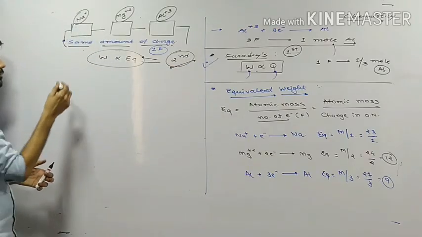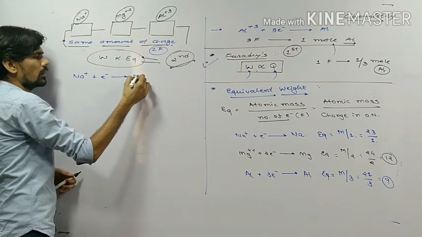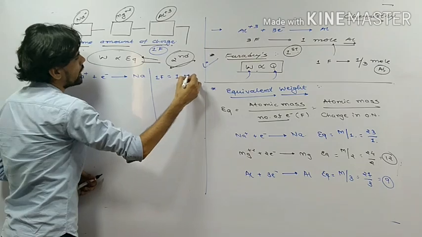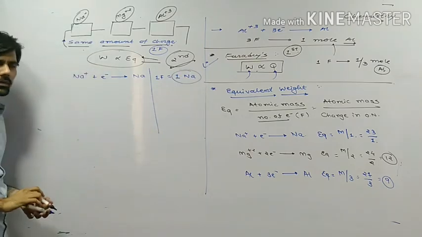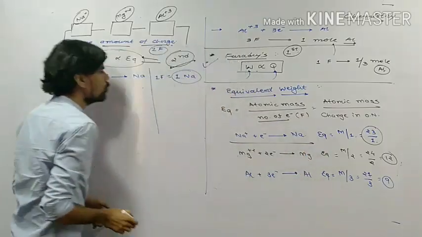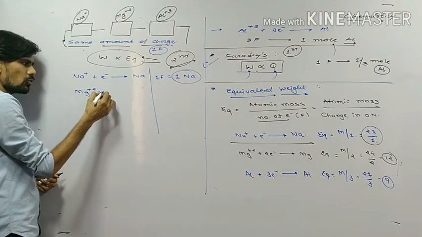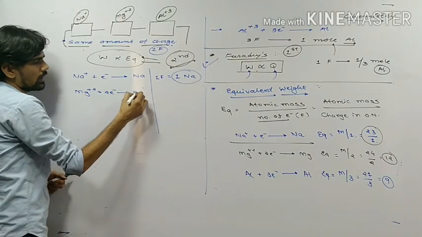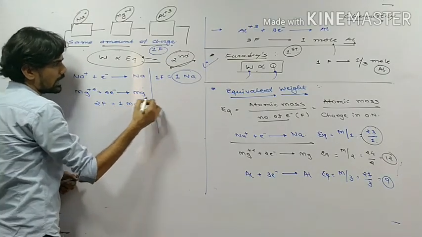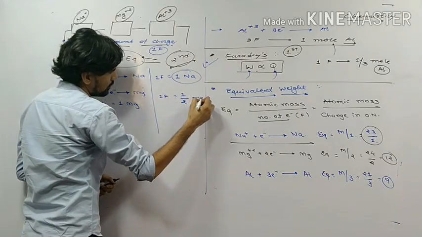See, Na+ plus electron gives Na. 1 Faraday is equal to 1 Na. Clear? Equivalent weight. Now, Mg2+ plus 2 electrons gives Mg. 2 Faraday is equal to 1 Mg. Then 1 Faraday should be 1 by 2 Mg.